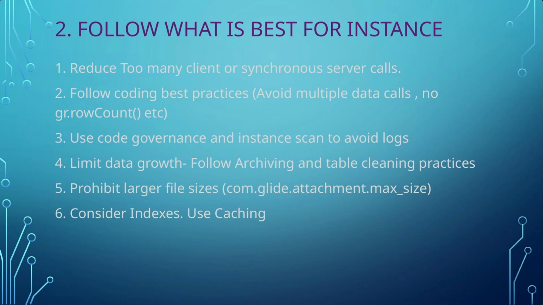Now the next one is point number 5. In point number 4 we talked about the reactive approach. When the data has grown, it's good to archive, but we can also prohibit what kind of files should come into my system. Being a ServiceNow tool, you have a lot of flexibility on limiting what type of file should come in your system.